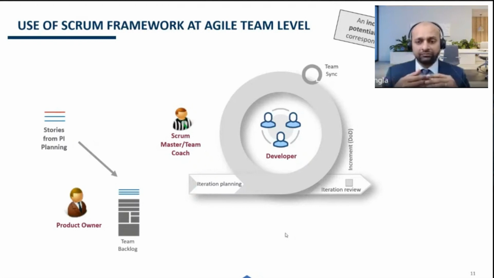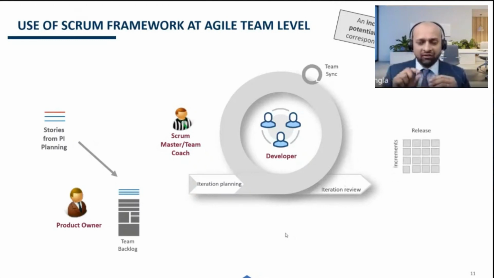So basically here the progress on the functionality which the team is building is being reviewed by the product owner and the team, and they gather feedback from the stakeholders. They also show the functionality which they have developed during this entire iteration to the product owner and to wider stakeholders to gather their feedback on the functionality built by them.